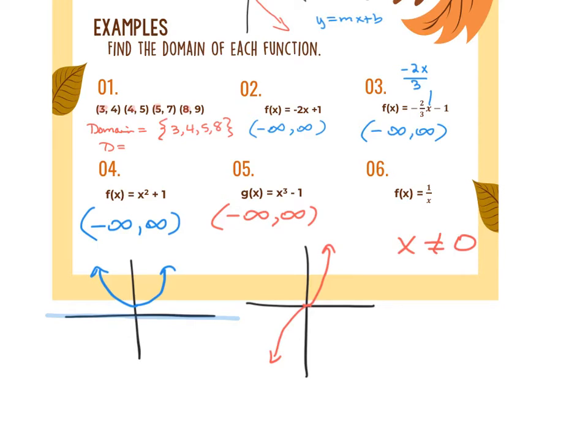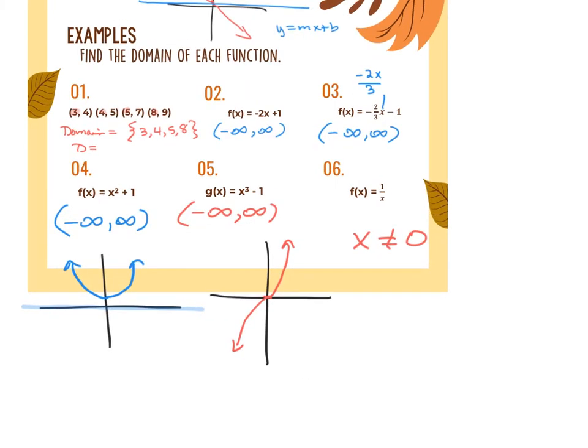So for this function, the domain is all real numbers except when x equals 0, because then it's undefined. I can't have a 0 in the bottom.